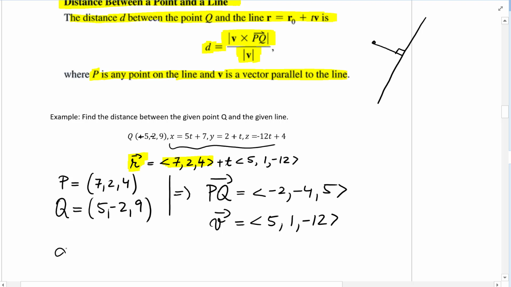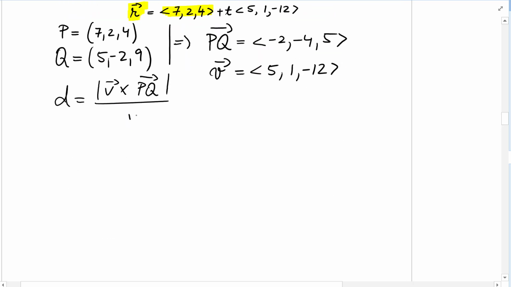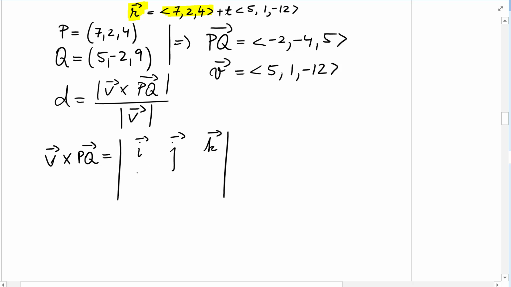So d is equal to v cross product PQ over the magnitude of v. We have all the information, so we are ready to calculate. So let's calculate the v cross product PQ. That would be i, j, k, and we get v is 5, 1, -12, and PQ is -2, -4, 5.